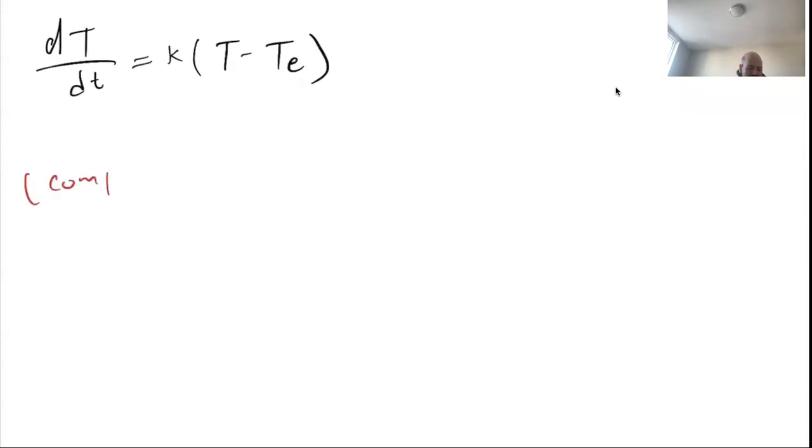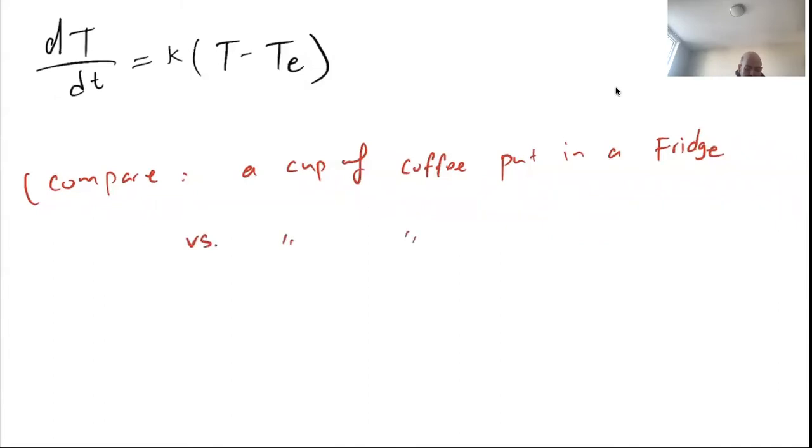So I can compare a cup of tea or a cup of coffee put in a fridge versus a cup of coffee put in a hot room. In which one is the change in temperature faster?